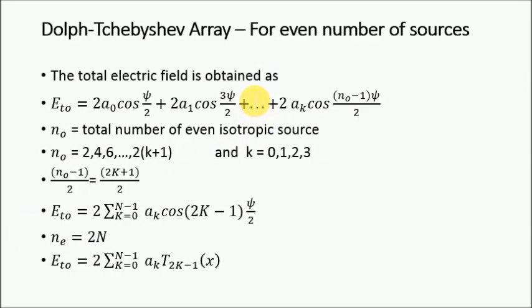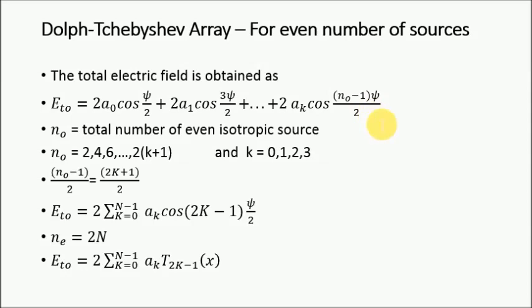Now in case of arrays, if there are an even number of sources, we have already seen this even and odd concept in previous lectures. So here the total electric field becomes 2a0 cos(psi/2) plus 2a1 cos(3psi/2), because if an even number of sources are there, then we have d/2, 3d/2, and likewise the path differences.